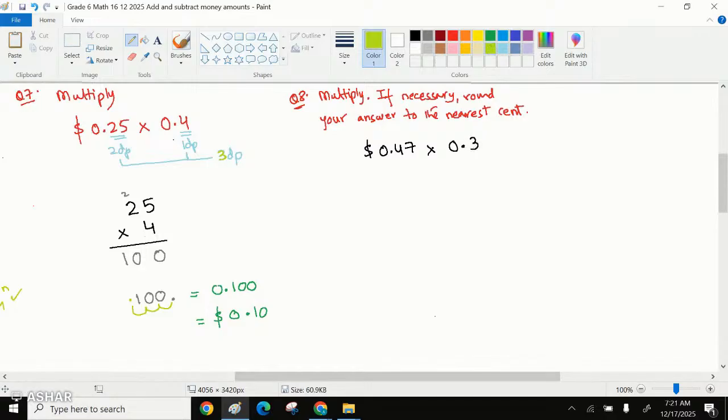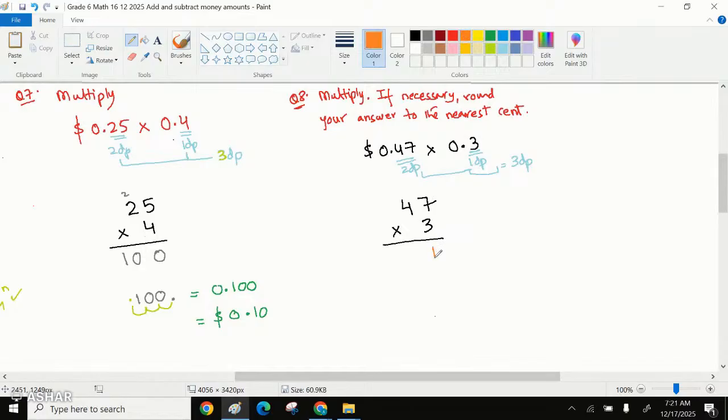We count the number of decimal places. We have 2 decimal places. We have 1 decimal place. That means the total number of decimal places is 3 decimal places. Okay. We consider these decimal numbers now as whole numbers. What we do is we multiply 47 by 3. 3 multiplied by 7 is 21.